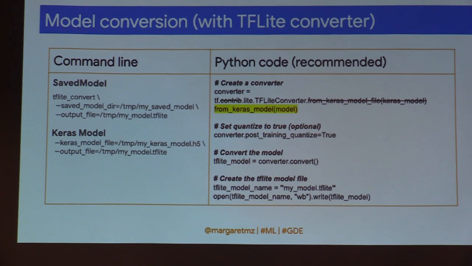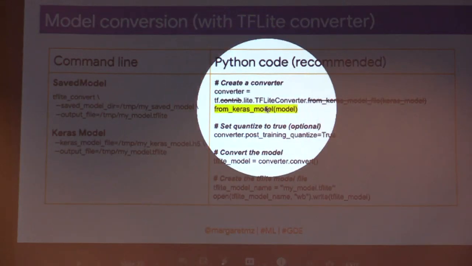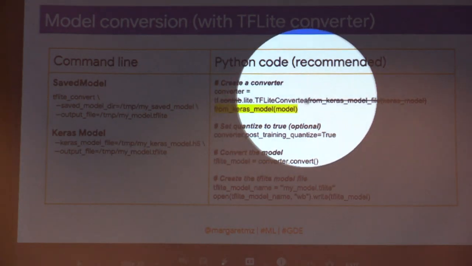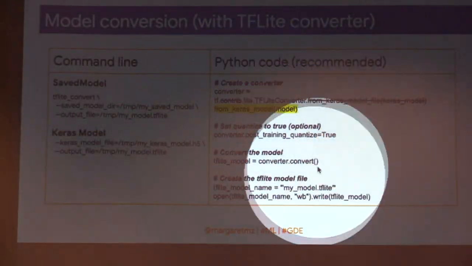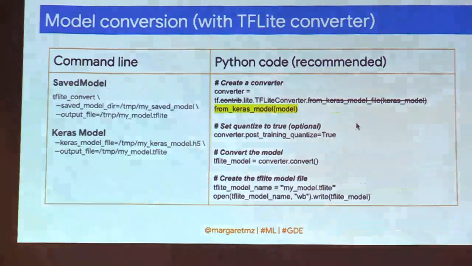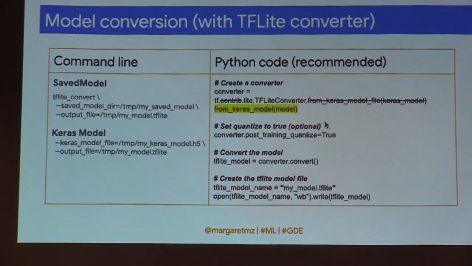You just define your model and train your model. You have that model object, and then you can directly use the from_keras_model method and feed in that model to do the conversion. And the conversion itself is just a few lines of code. So long as you don't run into errors, the conversion itself is pretty trivial.